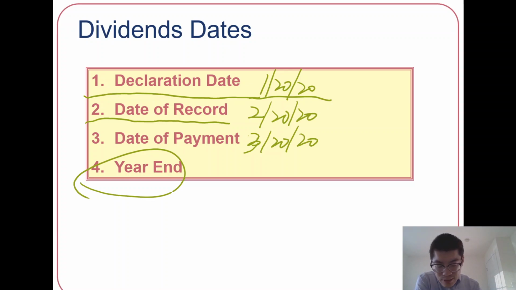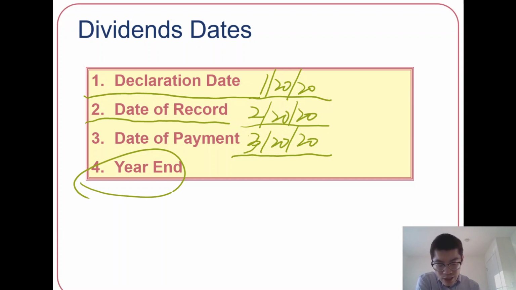Okay, so by the date of February 20th, 2020, whoever owns our common stock is able to receive these dividends, and then we're going to process our cash to get enough cash. And on this date, March 20th, it is actually the date we issue the payments to our stockholders or investors.